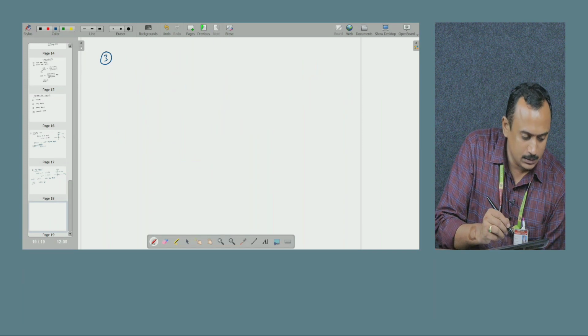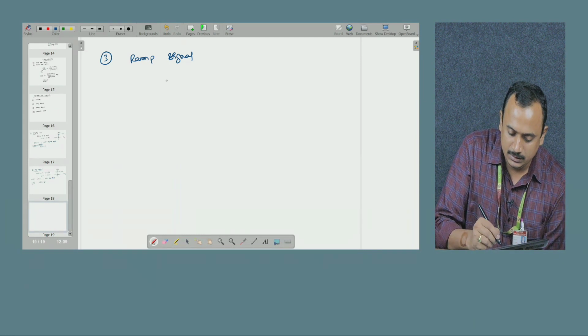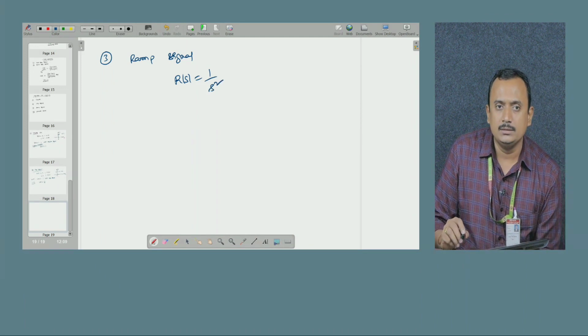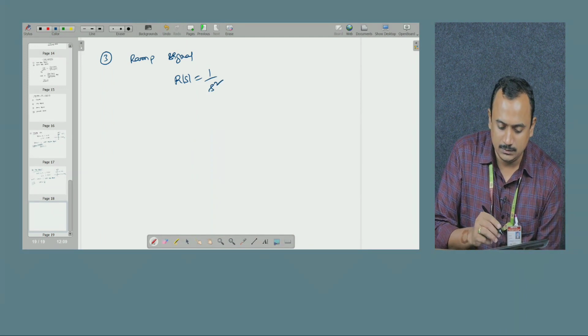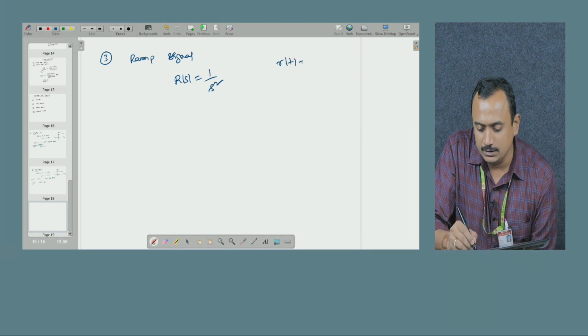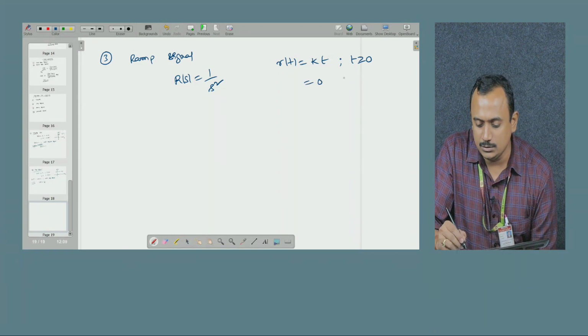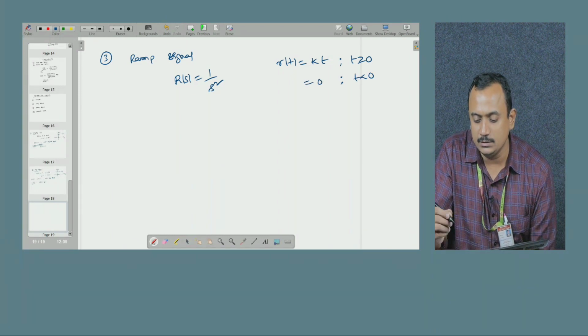And third is the ramp signal. Here I am writing directly the Laplace transform of the ramp signal, that is r of s is equal to 1 by s square. Since we know from the basics what the value of r of t is: r of t is equal to some constant k into t for t greater than or equal to 0, and it is equal to 0 for t less than 0.